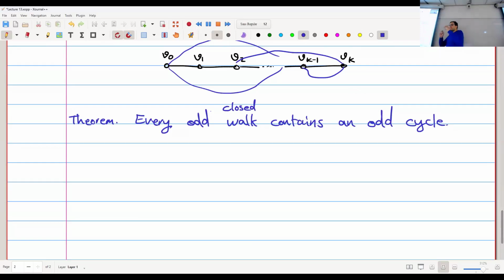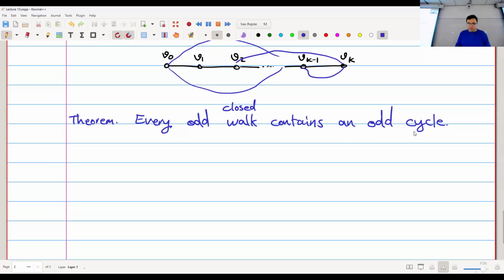So let's say I start from some vertex, I take an odd number of steps, and maybe I see some vertices and edges several times, but I go back to where I started. I'm claiming that I can find an odd cycle in there. So I can make it so that I don't see any vertex more than once except for the initial vertex.